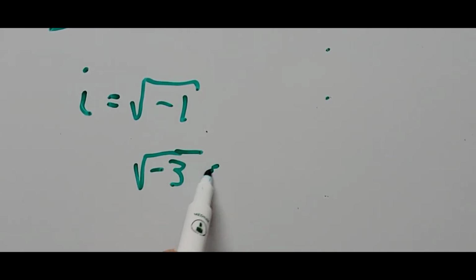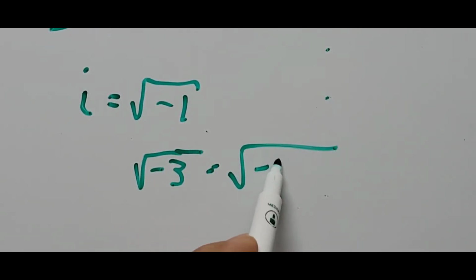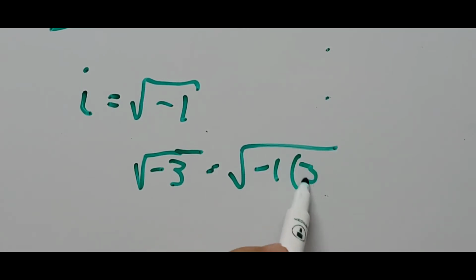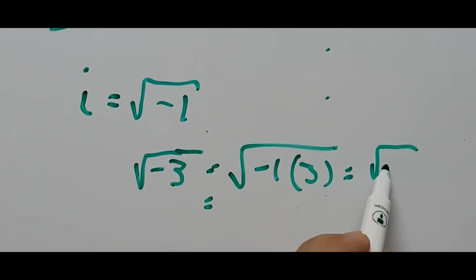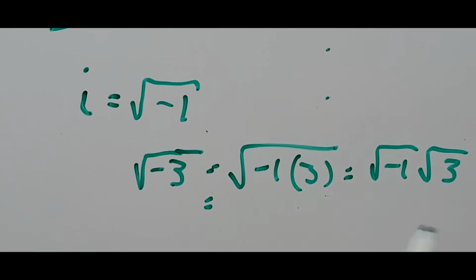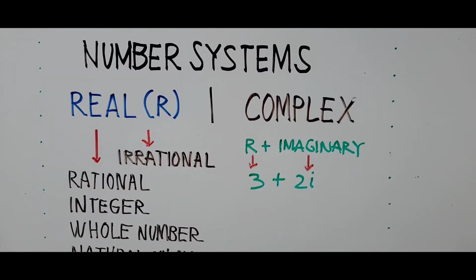So that is -1 times 3. And in here, -1 is the i. So that is actually square root of -1 times square root of 3. Where right here, square root of -1 is i. So that is equal to i square root of 3. That's how we deal with it in mathematics. That's all for that.